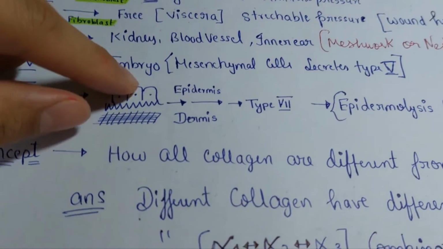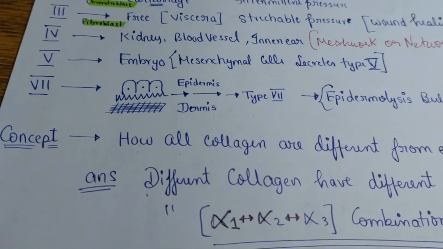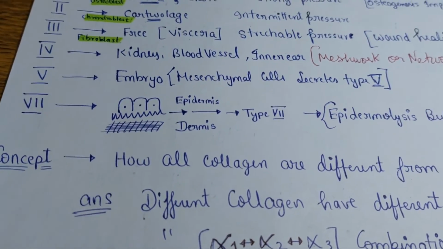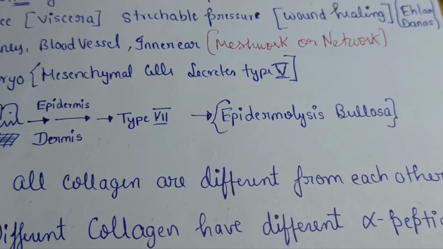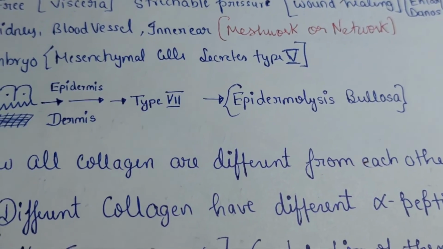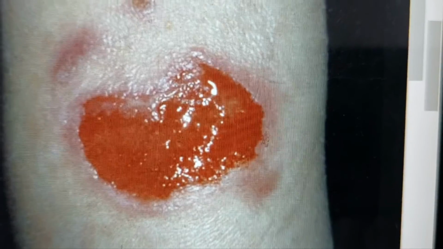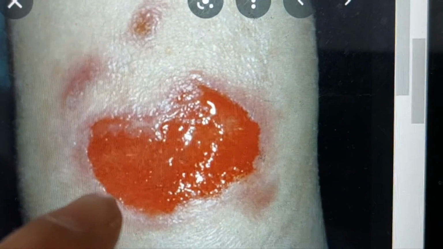As a result, if there is a slight scratch or something, our epidermal layer will come off and separate from the dermis layer, and this is called epidermolysis bullosa. Here is an example of epidermolysis bullosa where the epidermal layer has separated from the dermis.